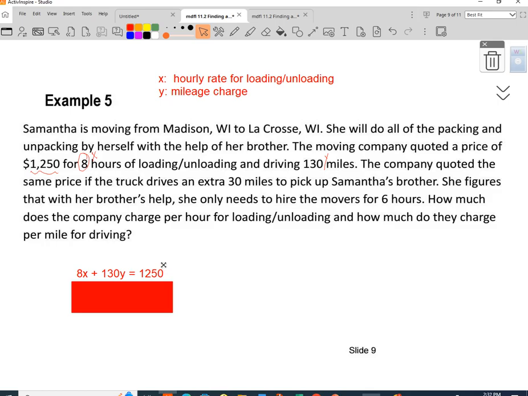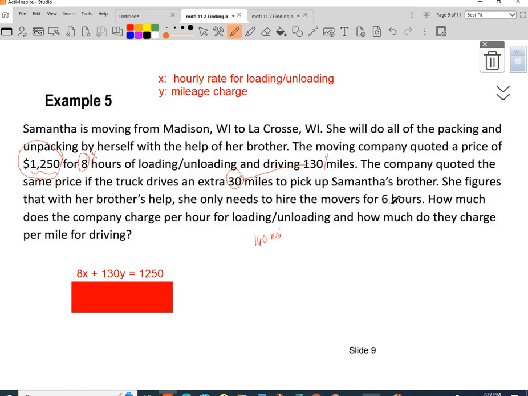Now, the next equation, they tell us the company quoted the same price, so it's that same $1,250, if the truck drives an extra 30 miles, so that would be 160 miles, right? 30 plus 130 is 160 miles for our second equation.